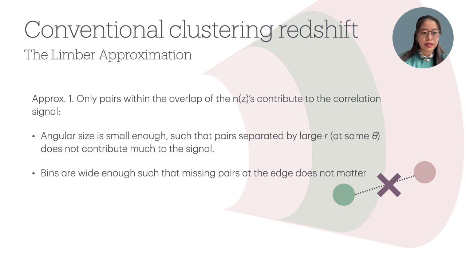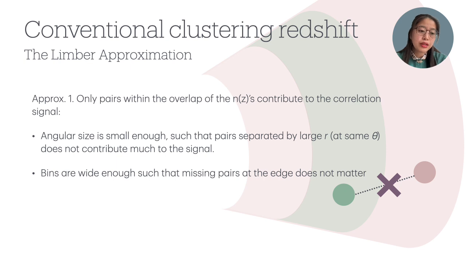To illustrate this effect a bit more, as well as simplify some calculations, I'm going to introduce some approximations that are common in conventional clustering redshift methods. One of those is the Limber approximation, where you assume that only pairs within the overlap of the n of z's, here illustrated by these green bands on the screen, contribute to the correlation signal.